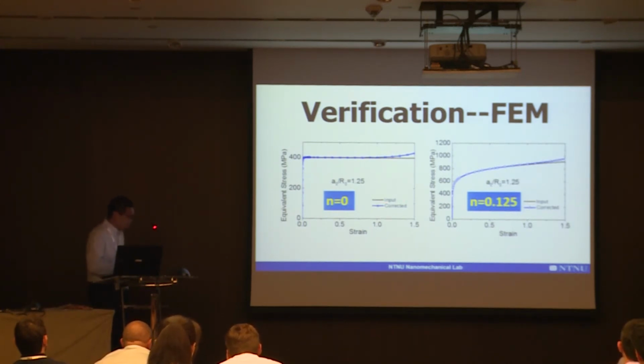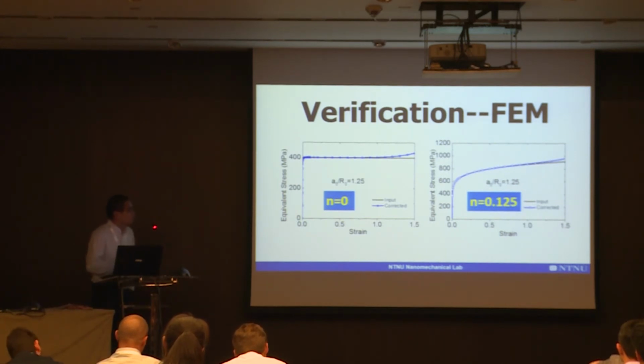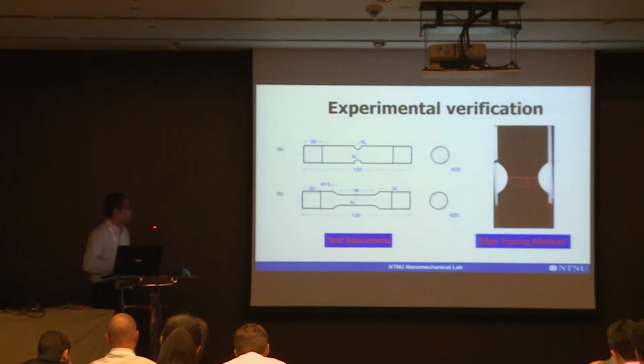It should be noted that most correction methods do not work for the perfectly plastic material, and our method works. And also for the hardening exponent equal to 0.125, we can also find a very good agreement. In our analysis, we also performed the analysis for hardening exponents as high as n equal to 0.35, and we also get satisfactory results.